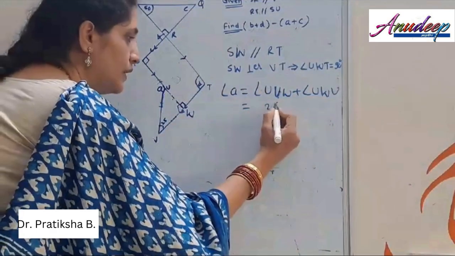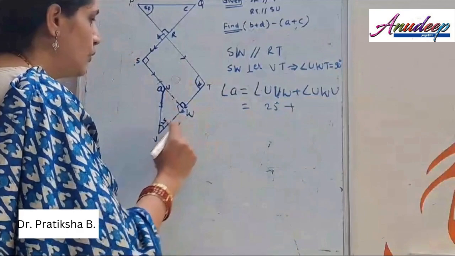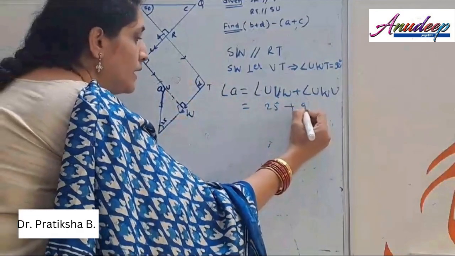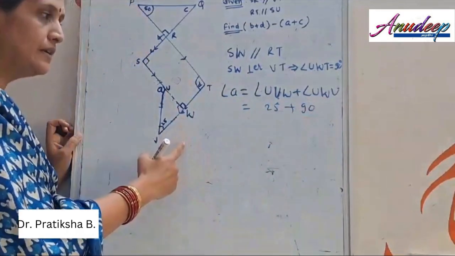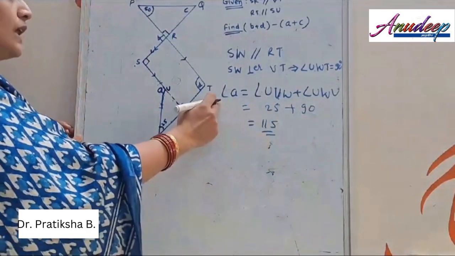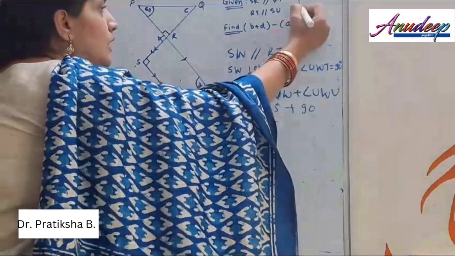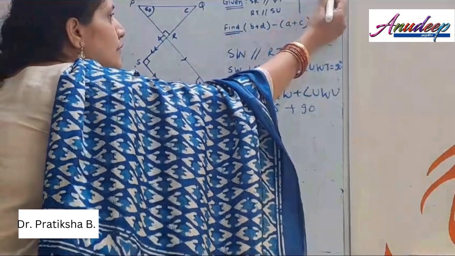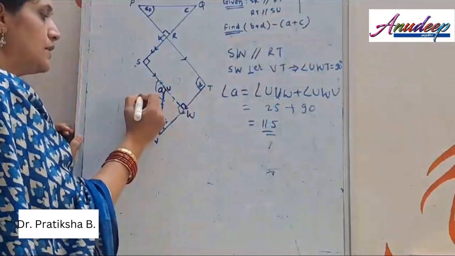UVW is given to be 25 and UWV, as it forms a linear pair, will be 90 degrees, so it will be equal to 115. So for the first unknown, A, the value is 115. So A is 115.